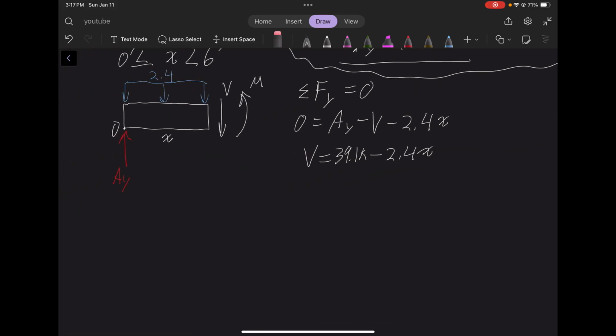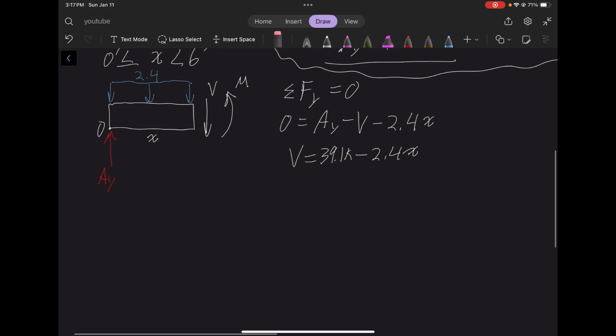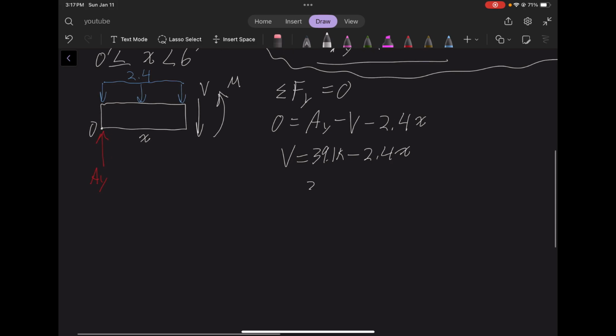If you integrate it, you'll get 39.1x minus 1.2x squared plus C. And it's like, well, what's plus C? So the easier way to do it would just be to solve for the moment equation.